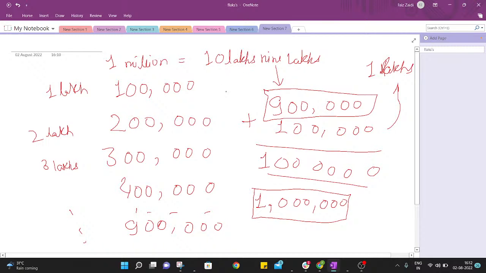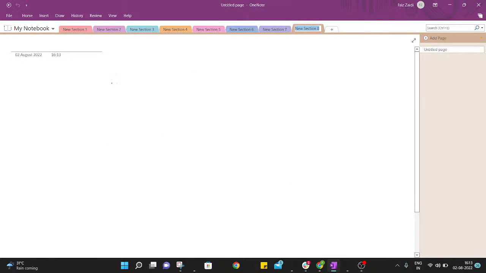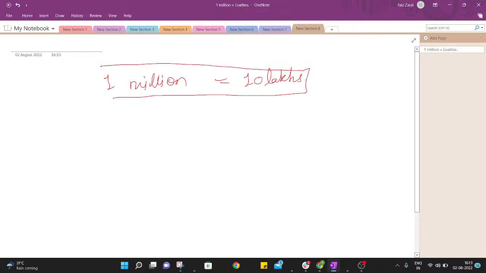You have to keep this in mind and be really careful about this. Make sure you write this down, because this is really important and we may get confused some way. So 1 million equals 10 lakhs.